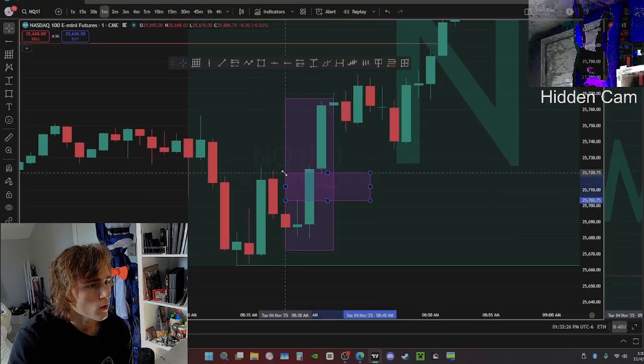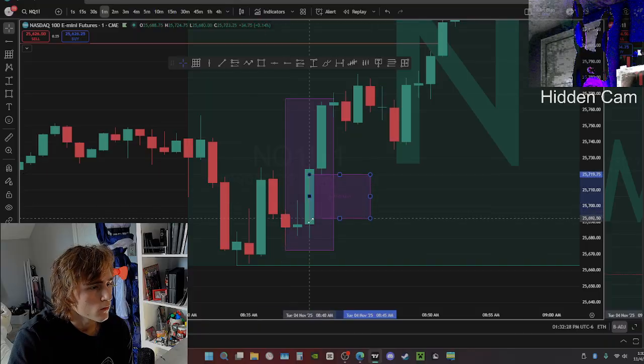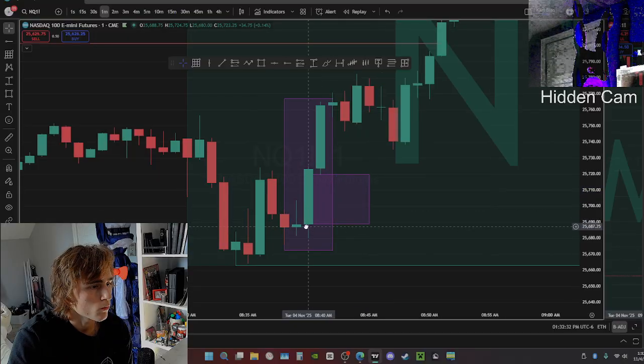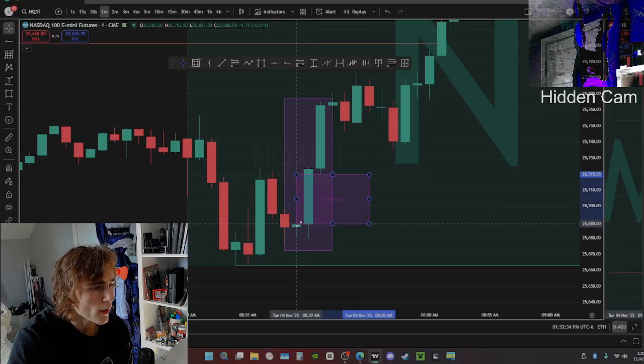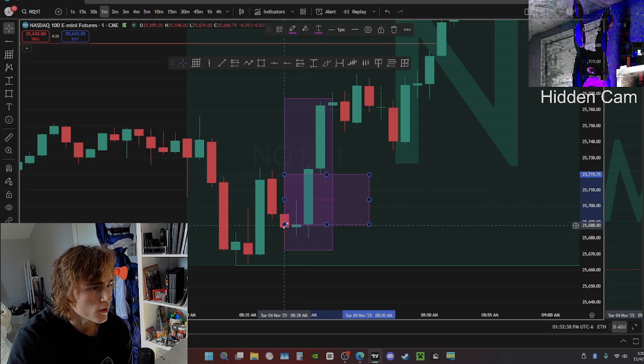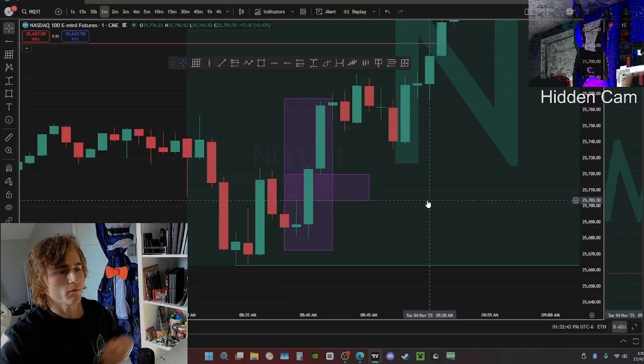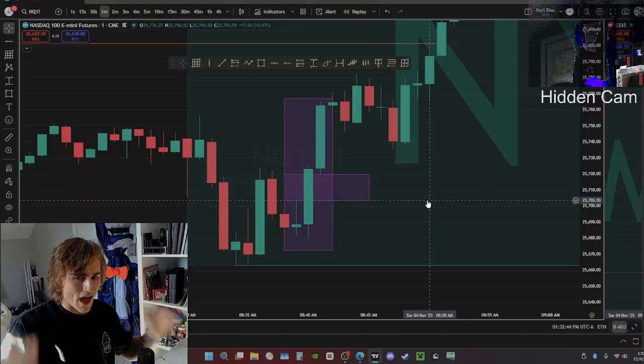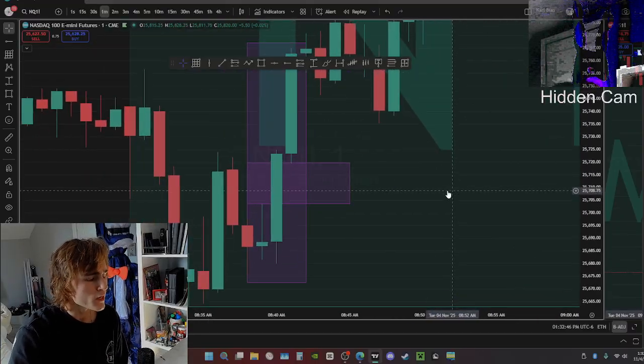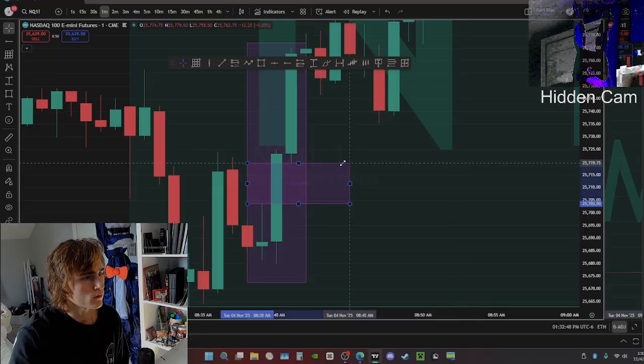It's not going to look like this because even though there's no wick in here, there's a wick right here. So there should be no wick at all inside of your fair value gap.